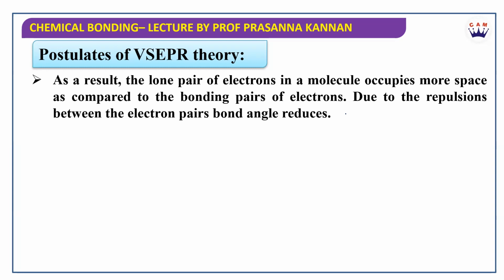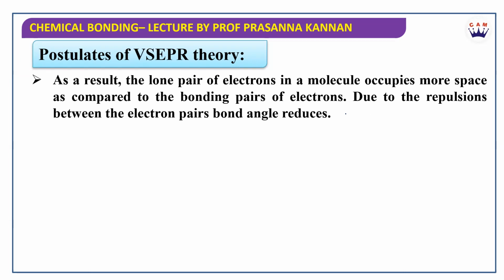What was the structure and what was the angle? 120 degrees was the angle. It was trigonal planar, correct? So because there are 3 bonds, you could expect ammonia to be planar. Or because of the hybridization sp3, you could expect it to be tetrahedral. It's neither of them.